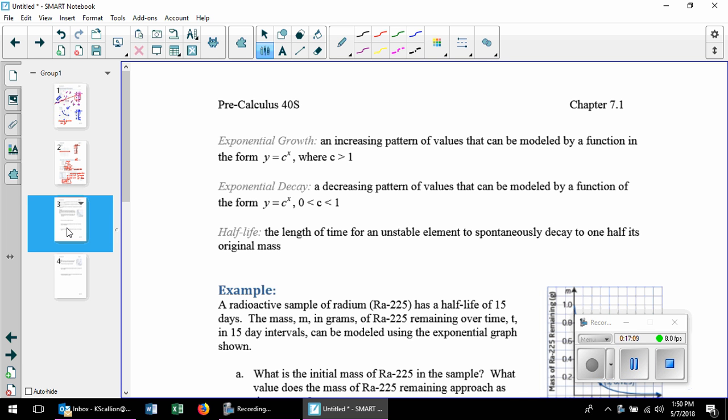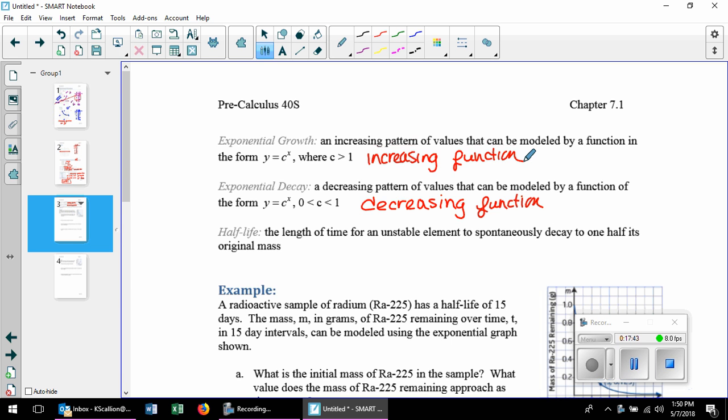So half-life is how long it's going to take for it to get to half its original mass. So exponential decay is just a decreasing function, and your exponential growth is an increasing function.